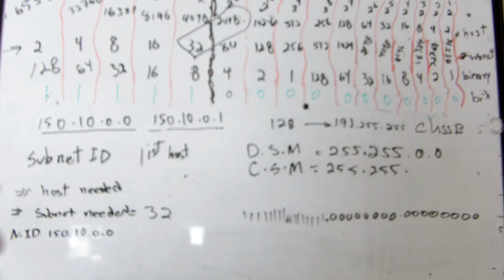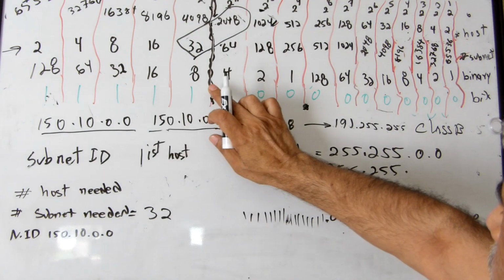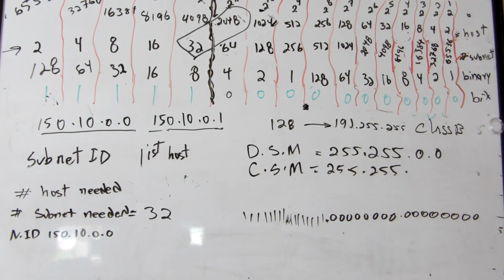Because what we did is, they want to write the subnet mask according to this table, because we needed 32 subnets.